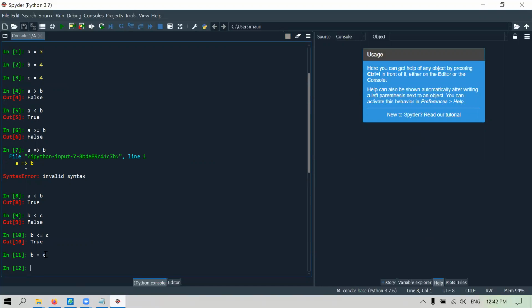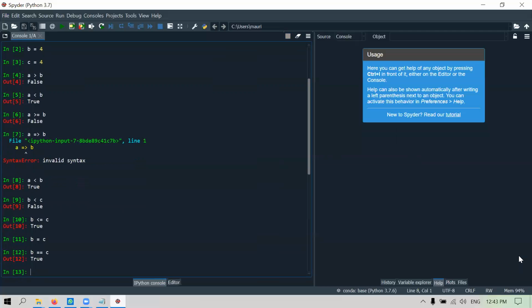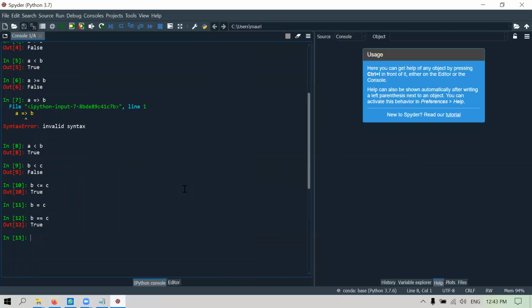I'm assigning the value of C into B. If I want to compare, since B and C are the same number, I have to use a double equal sign. This is the comparator. Is B equal to C, yes or no? So this gives me true.